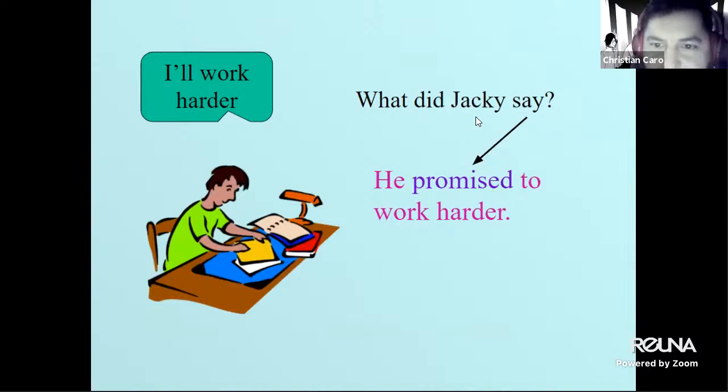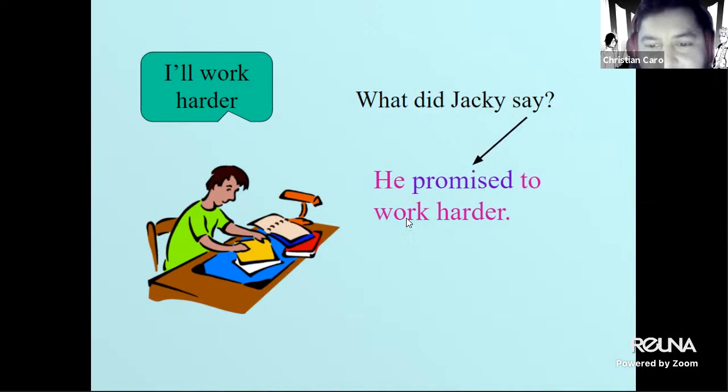What else? Tenemos, ¿cierto? I'll work harder. En este caso ya no es una pregunta. It's in this case a statement. Entonces, ¿qué dijo Jackie in this case? He promised to work harder. You see here? No es que necesariamente él me lo haya prometido a mí, sino que no es una petición ni nada por el estilo. Es una declaración.